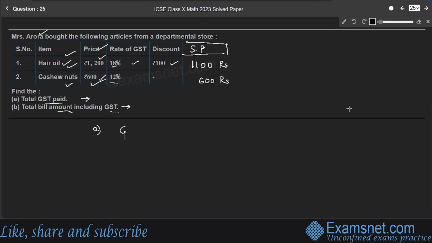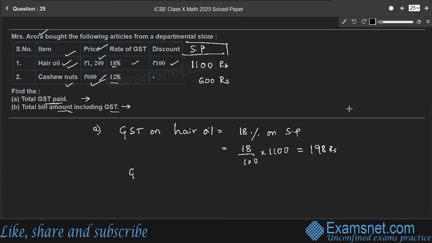So, GST on hair oil. The rate of GST is given as 18%. This rate is on the selling price. 18% on the selling price means 18 by 100 into 1100, which is 198 rupees.